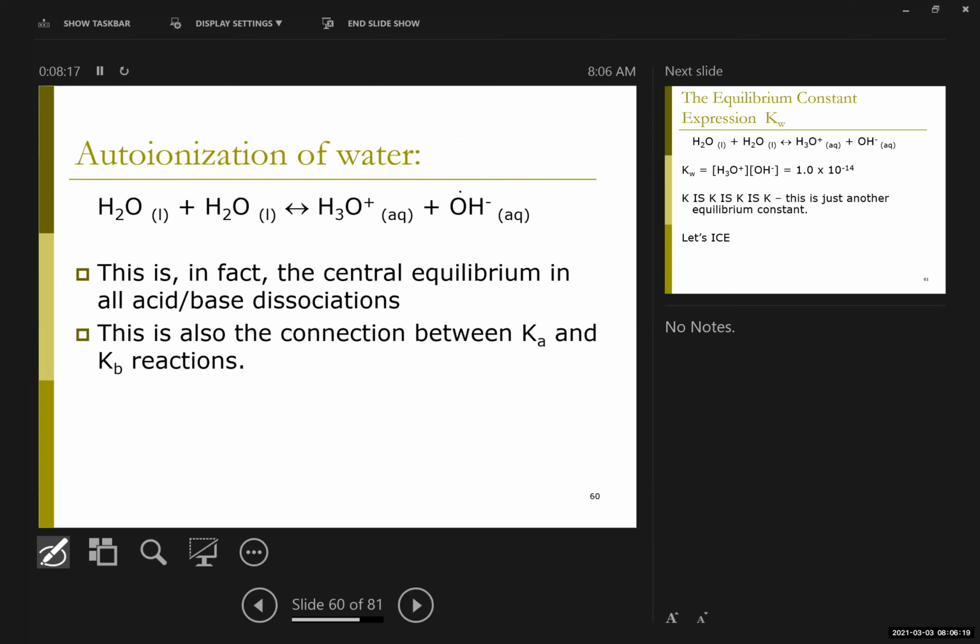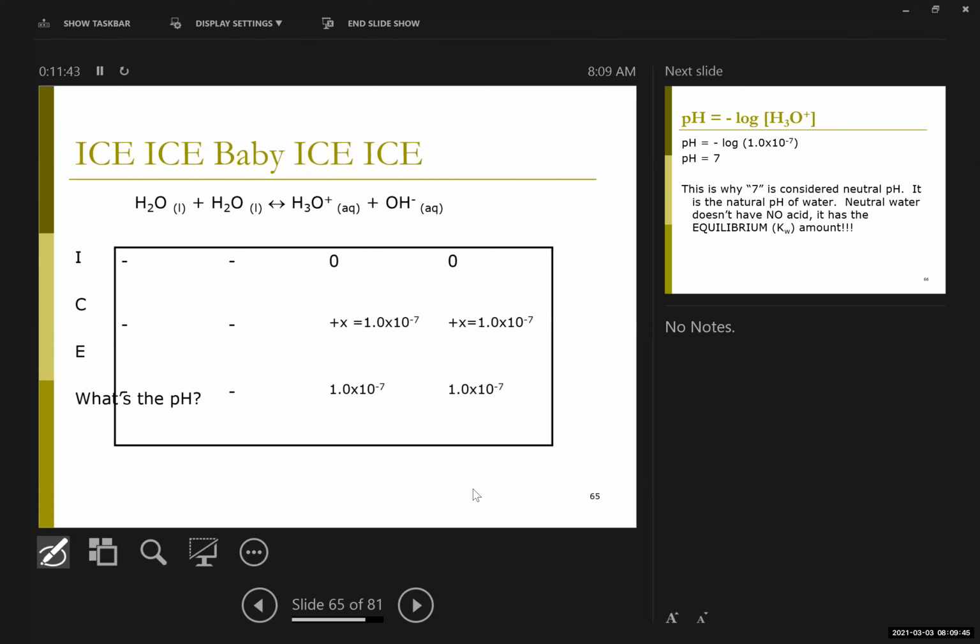Now, that being said, my original problem, the ammonia in water, was not this situation. This is pure unadulterated water. And so, in fact, if I have ammonia in water, I really have both equilibria.